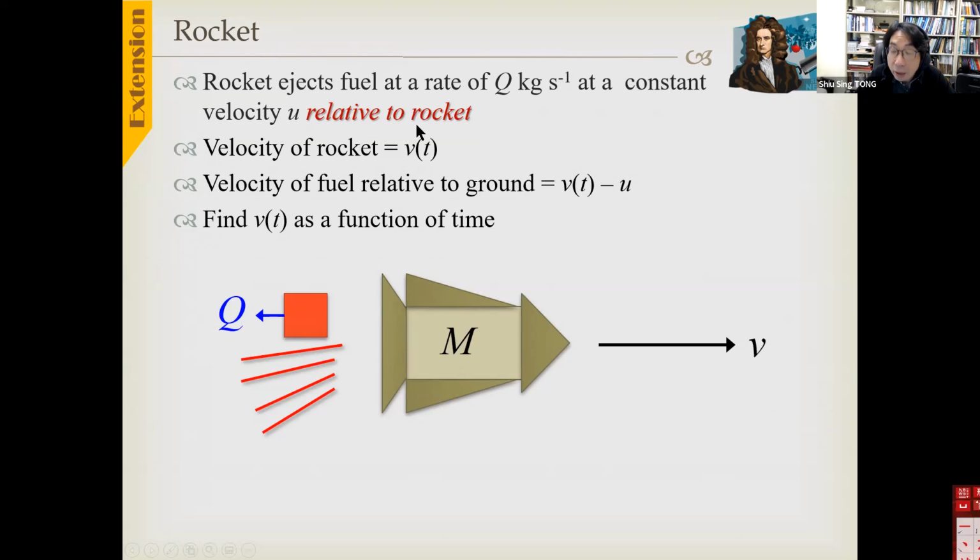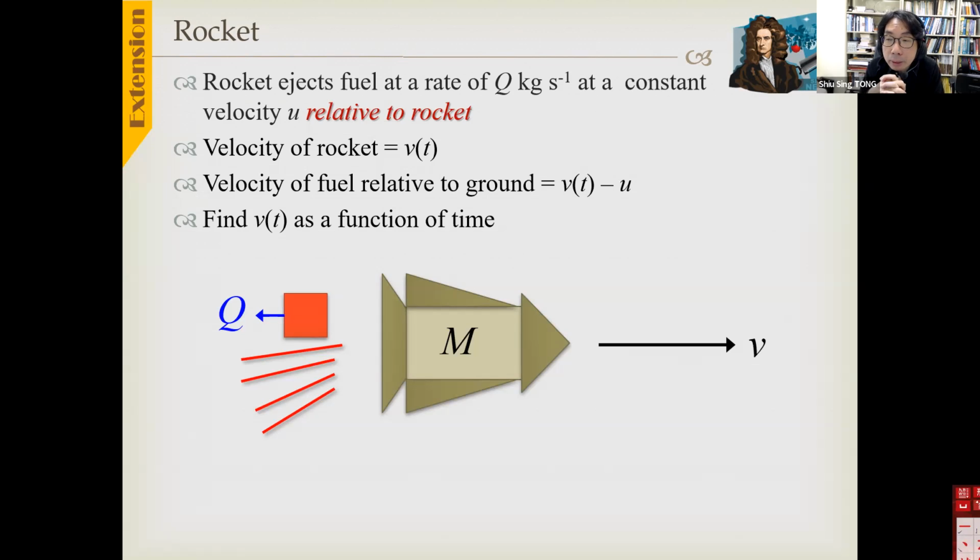The velocity is relative to the rocket, and that velocity is u. So as seen by an observer inside the rocket, he will see the fuel being ejected out at a speed of u meter per second. That is the velocity relative to an observer inside the rocket.